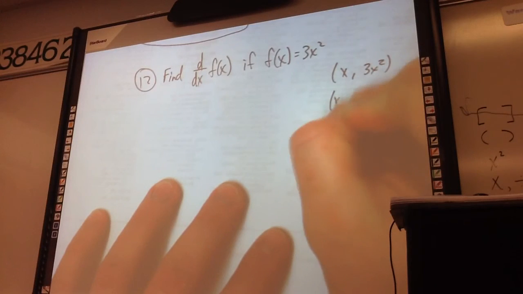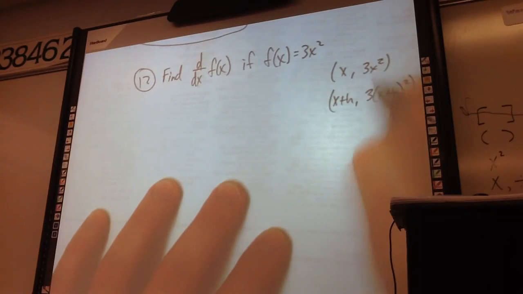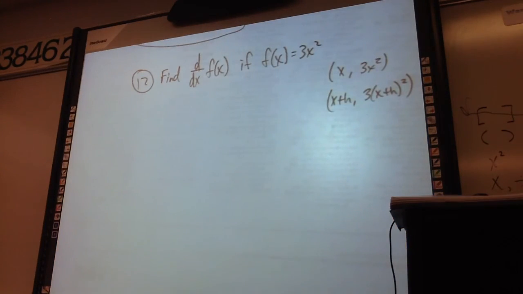And then 3 times x plus h squared. Change in y over change in x, limit as h approaches 0. Easy deal, right? Okay.